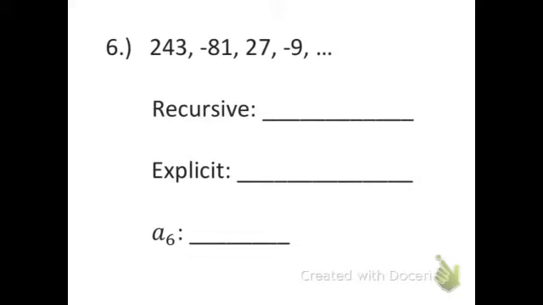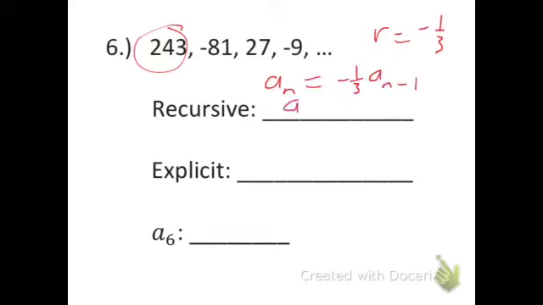Moving on to 6, this has a pattern of dividing by negative 3, so my common ratio would be negative 1/3. My initial value is 243, and so I'm ready to write my recursive function. A sub n equals negative 1/3 times a sub n minus 1, and a sub 1 equals 243. So there's my whole recursive function.